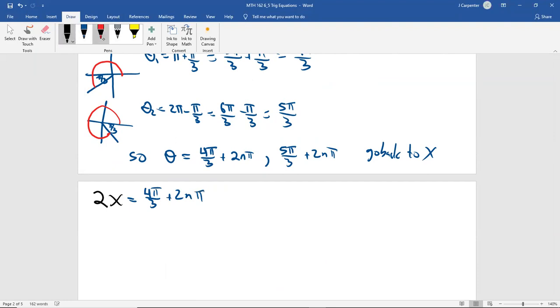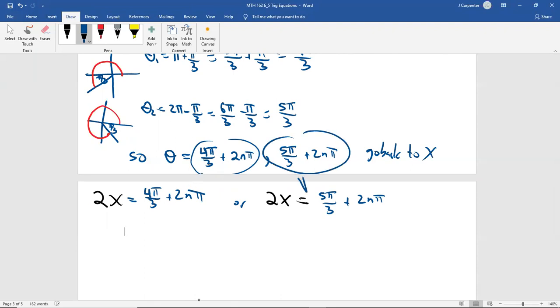And the other one would be 2x equals 5 pi over 3 plus 2n pi. Here's the first one, theta equals this part, that was this, not just the 2n pi. And then this one is this equation.